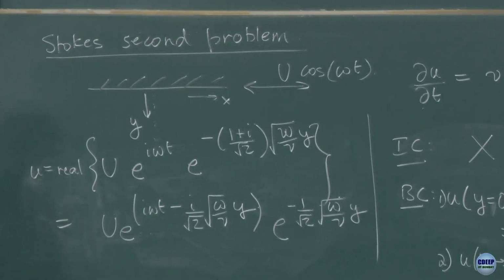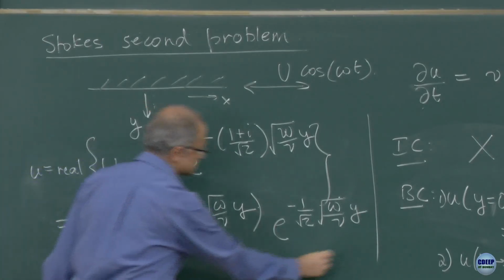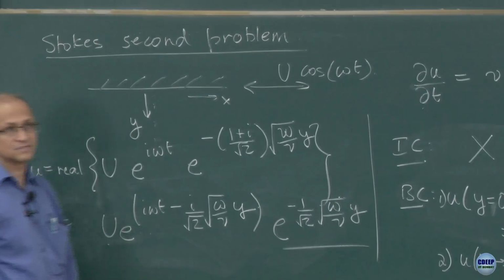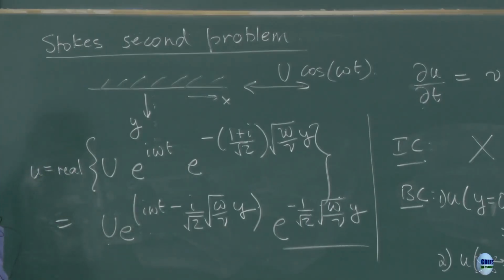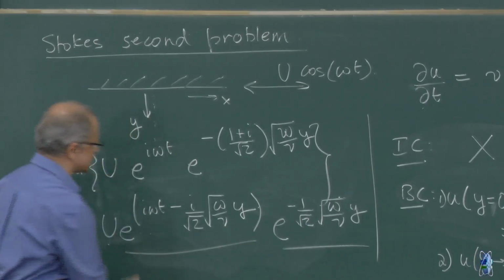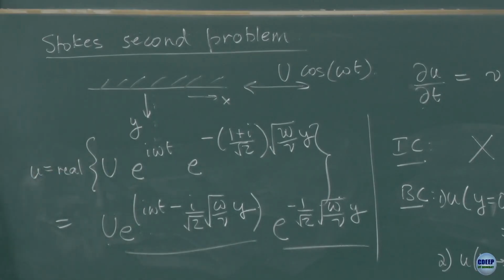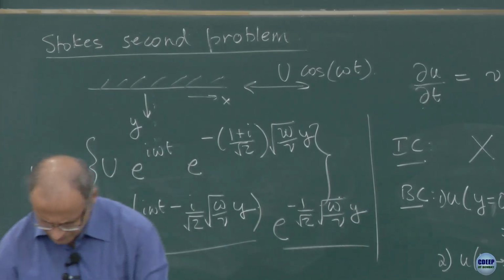Right? So then you can see that U times this, which is all real, is now my amplitude, and this is where I will get cos and sine term, and I have to just keep the cos part or the real part of that. So I can just give you the final answer.